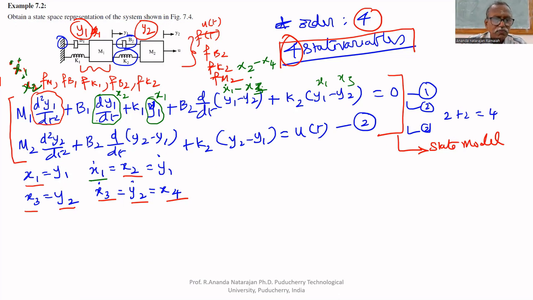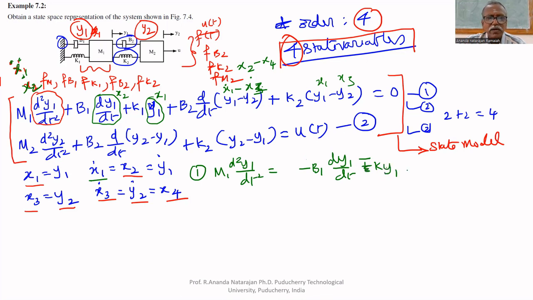Before converting, the first equation can be written as M1 d square y1 by dt square equal to minus B1 dy1 by dt minus K1 y1 minus B2 d by dt of y1 minus y2 minus K2 times y1 minus y2.